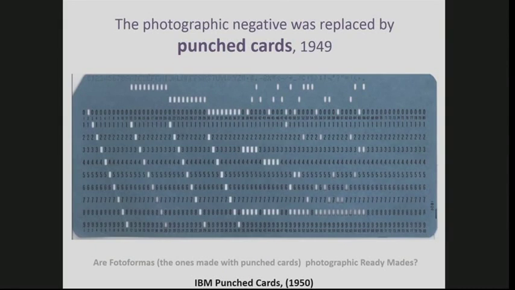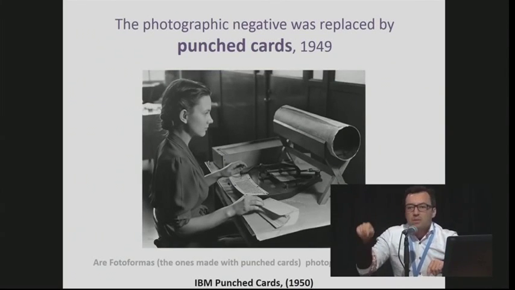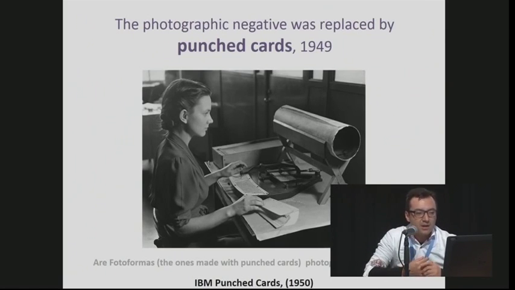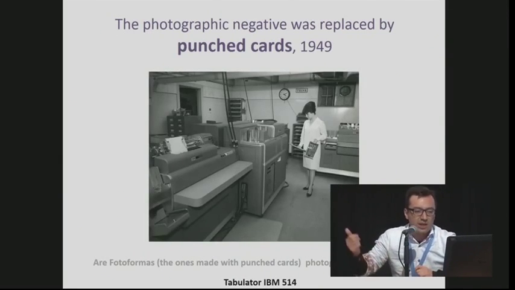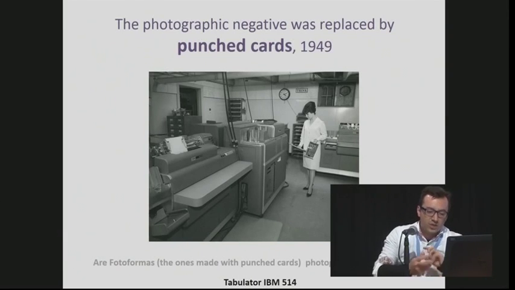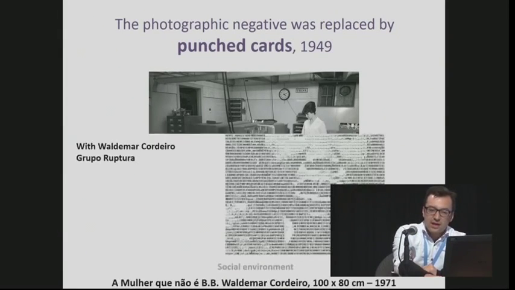What he did was ask them, when they had defective cards or made mistakes punching the data, to give those broken cards, with the wrong code, to him. So this means that he was working with the glitches, kind of, right, with the errors coming out of this machine. Actually, these are the tabulating machines that the Banco do Brasil was using at the time, an IBM 414. So let's keep moving.